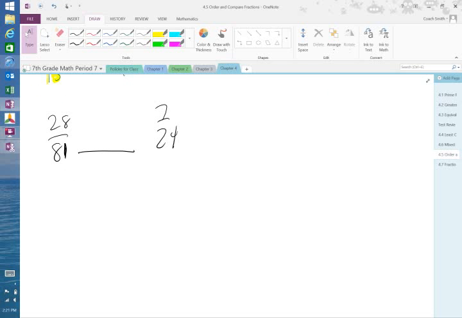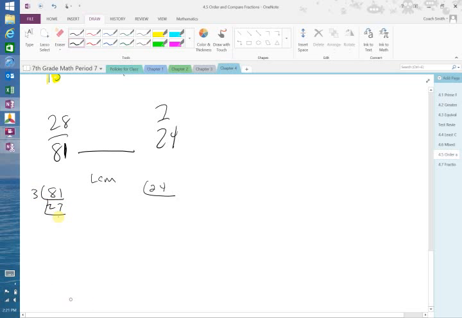Okay, and it looks like, let's see, it's going to be, I think that times 3. 6, 24. This one we're going to have to prime factor both the numbers. In other words, we have to find the LCM here to figure out what it is.